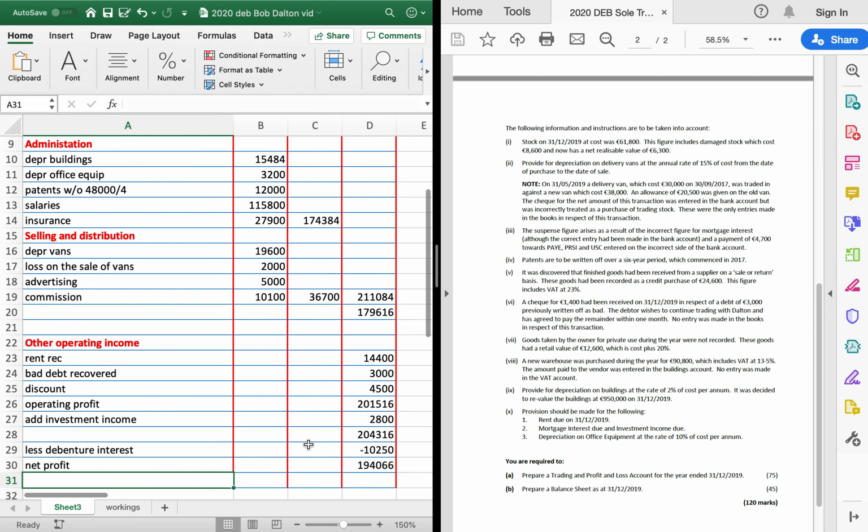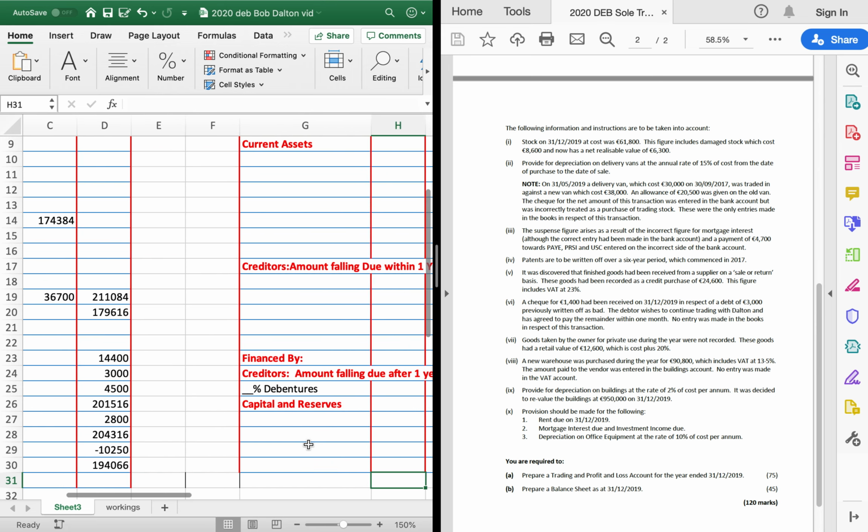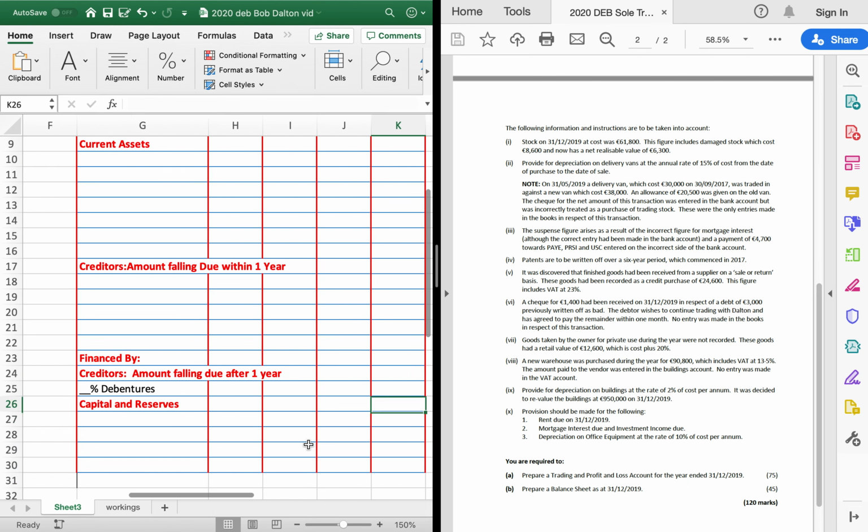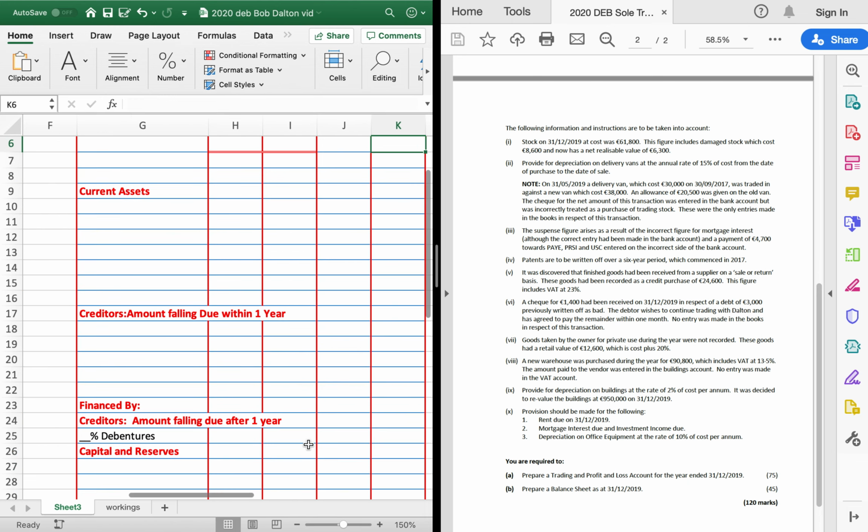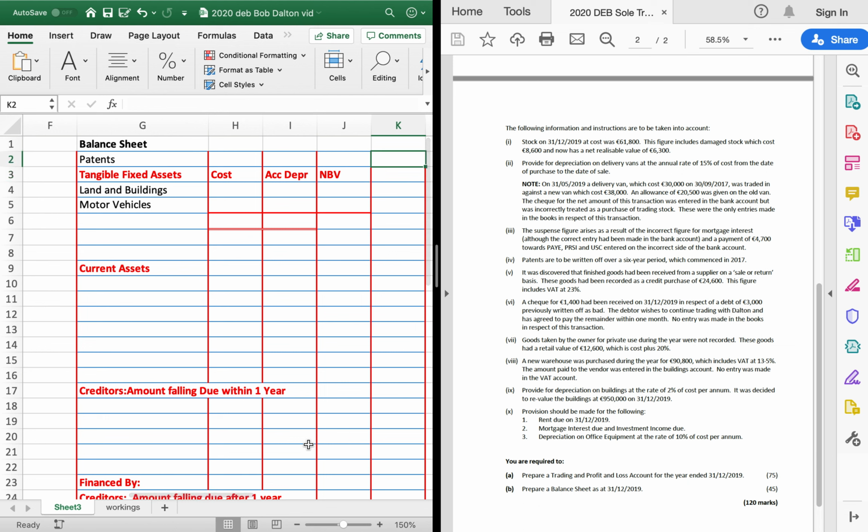Okay. Over to our balance sheet. So the patents was 48 minus 12, which is 36,000. Okay, land and buildings was revalued to 950. I'm going to just move this 36,000 over here.